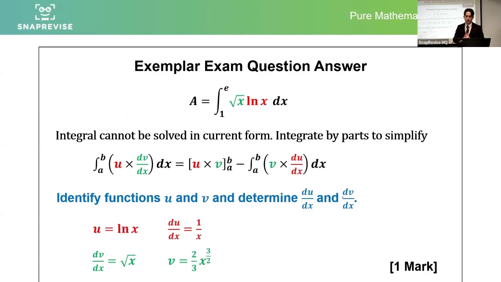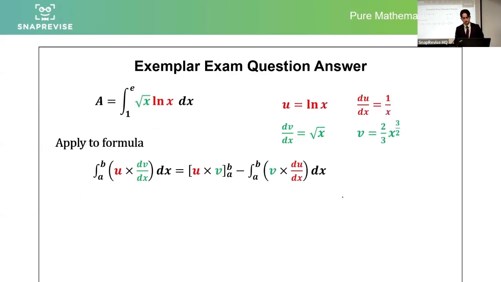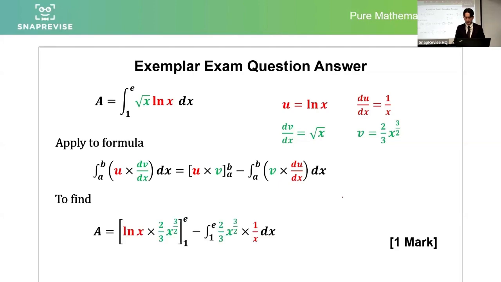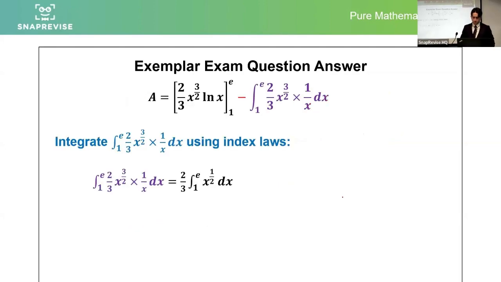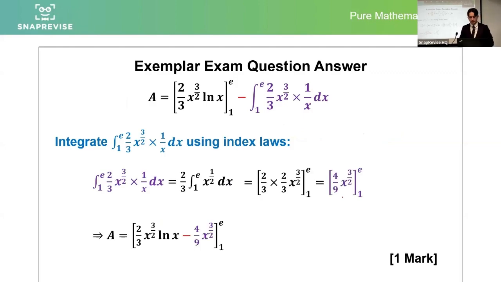Once we've got that, we plug it in simply to the by parts formula, which will be uv minus the integral of v du dx. And what we should find is the 1 over x cancels the x to the 3 over 2 in a nicer way. So this is what we get, and I've just skipped ahead to this part here.